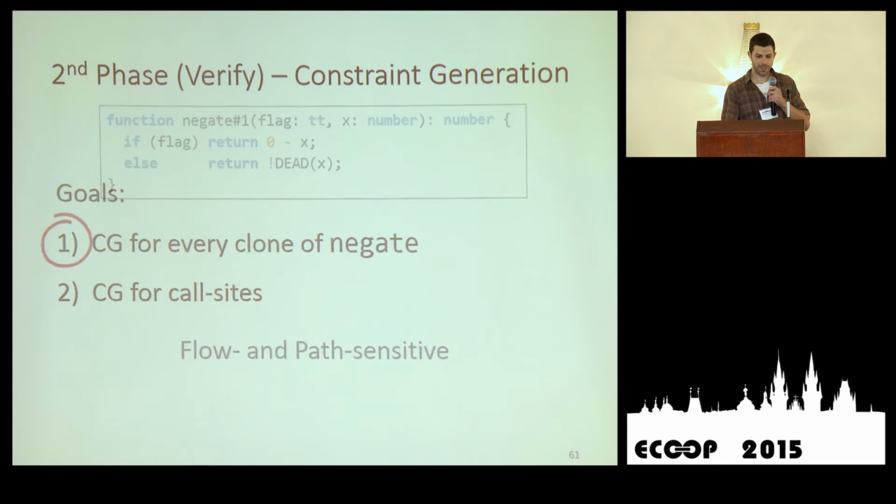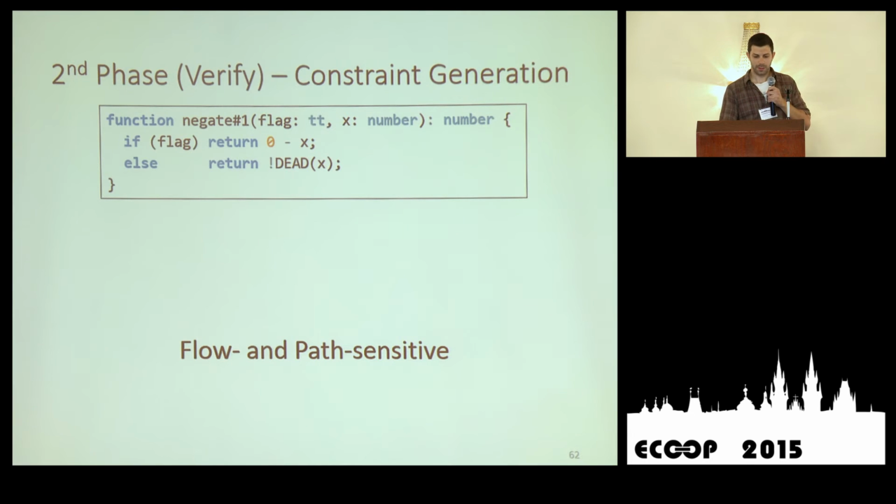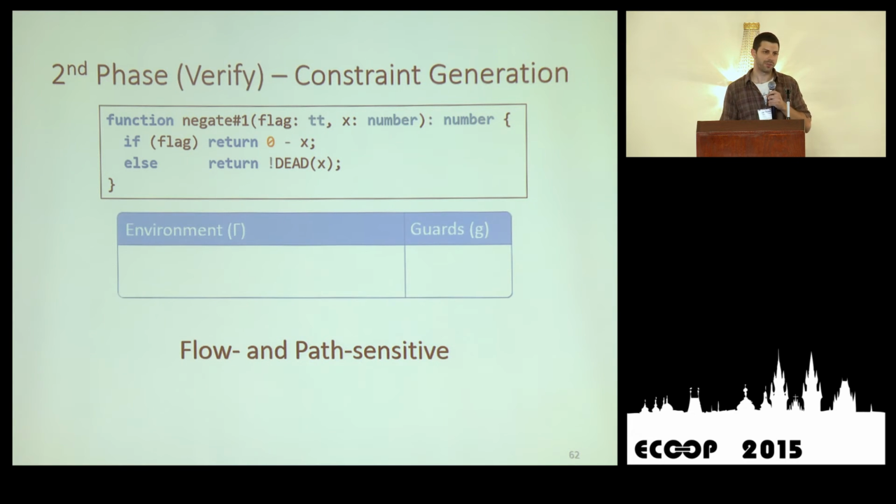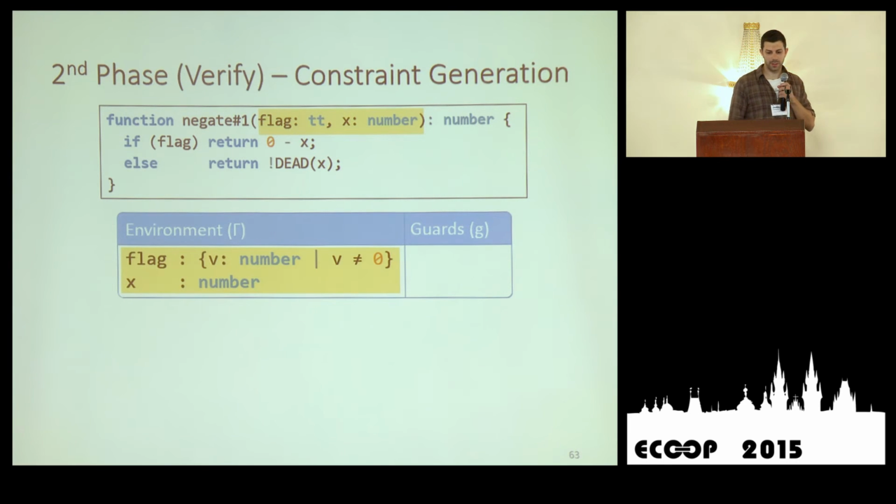So if we check the first case, the refinement typing in this case is going to be a flow and path sensitive technique. So we're going to have to keep track of an environment and a set of guards that actually account for path sensitivity. We start off by adding flag and x to the environment.